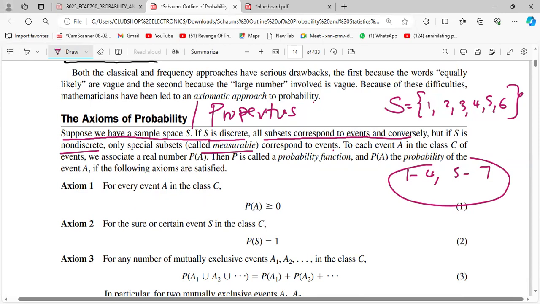Each event A in a class of events, we associate a real number P(A). Then P is called the probability function.